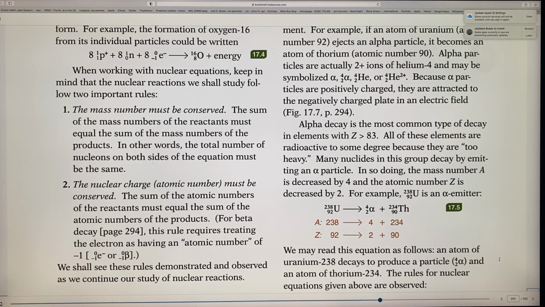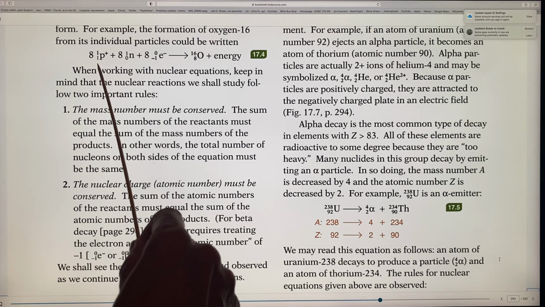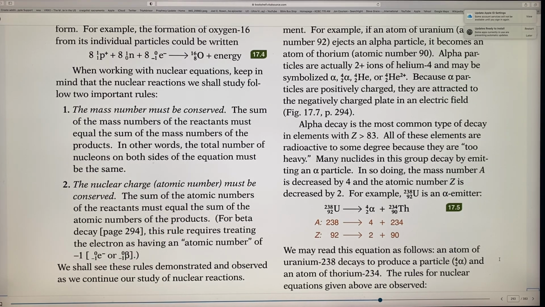The other is the nuclear charge, the bottom number, the atomic number charge, which must be conserved too. So the sum of the charges must be equal on both sides of the equation. Those are the 2 rules.